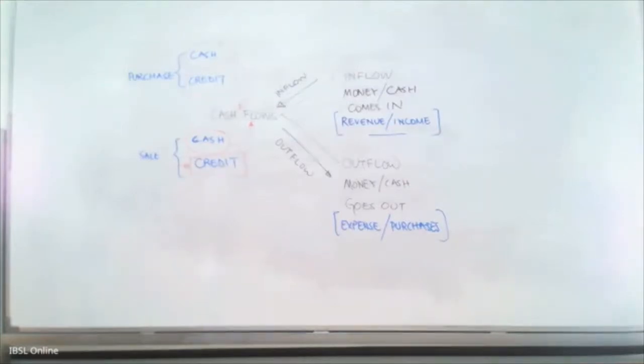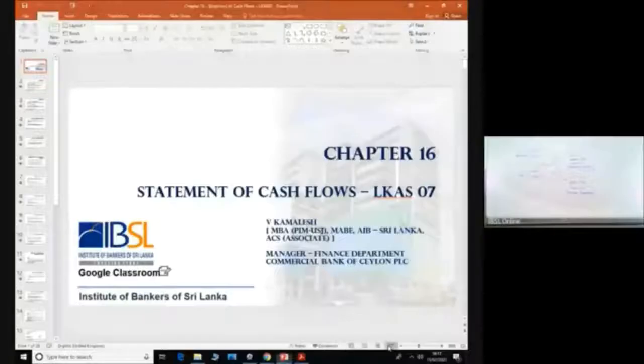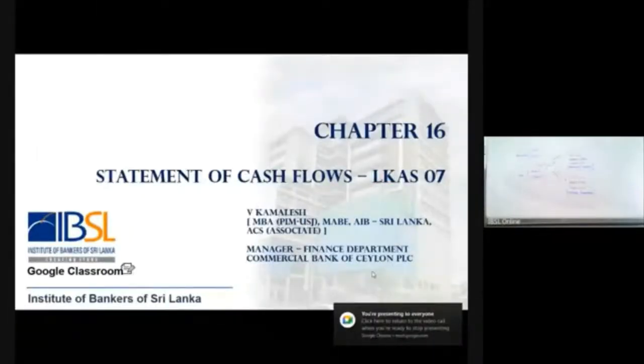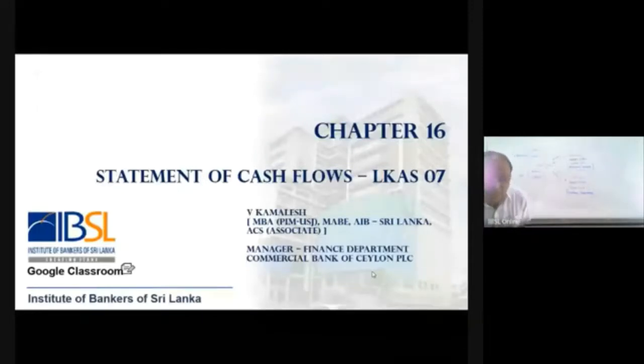where this handout was given a long time ago. So we are going to look at the statement of cash flows, which is basically an accounting standard. Right? So what is the accounting standard? The standard goes as LKS 7, that is the Sri Lanka Accounting Standard. The number is LKS 7 and the name is statement of cash flows.